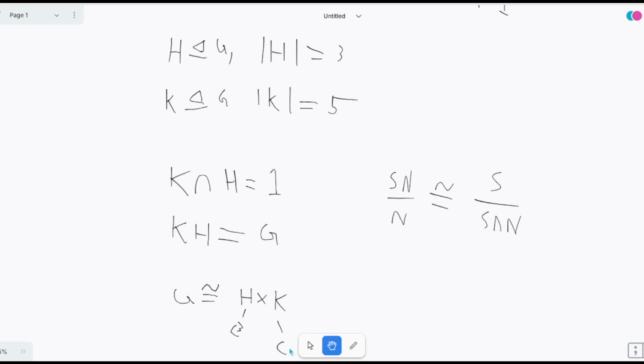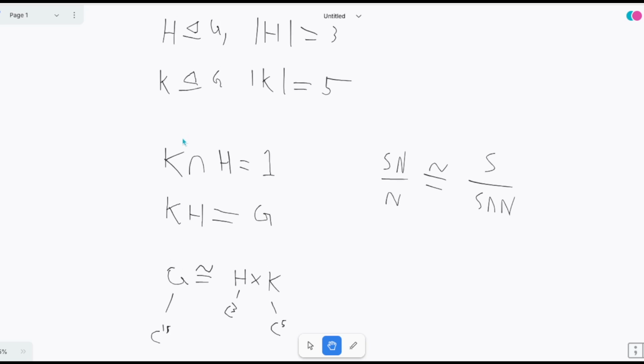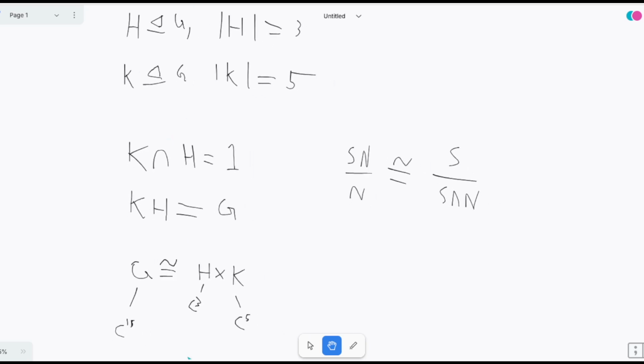And K is order 5, which means it has to be isomorphic to C5. So overall, we know the exact isomorphism class of G, and it's going to be C15. So any group of order 15 is cyclic, and they're all isomorphic to each other.